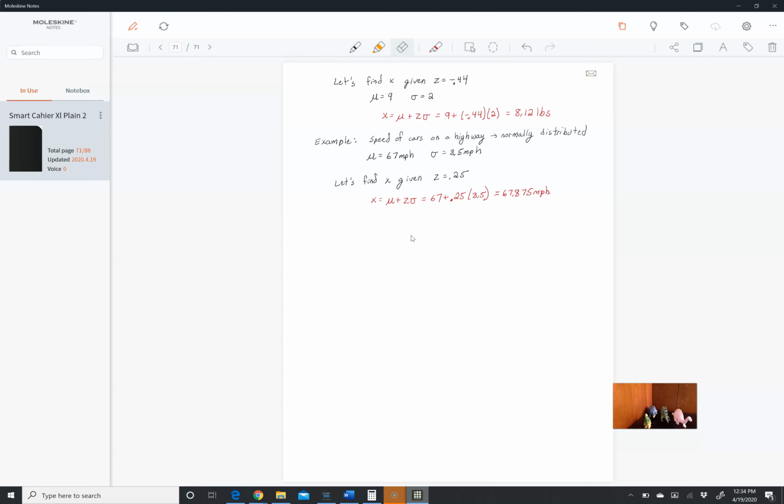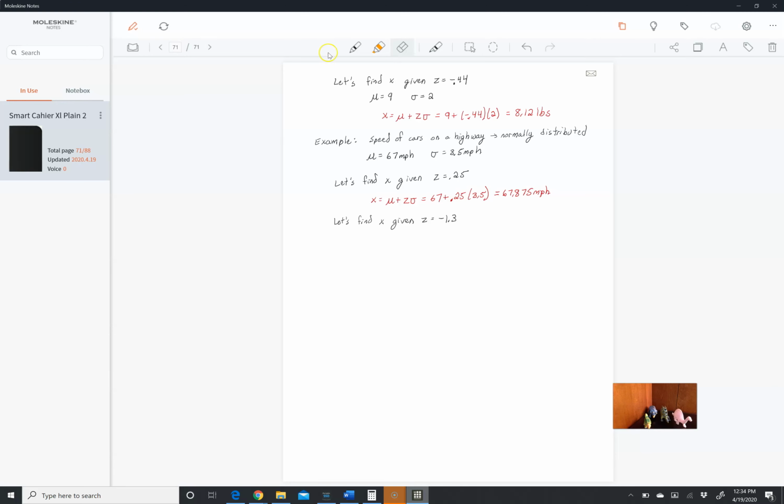And we'll do one more. Let's find x, given z is equal to negative 1.3.